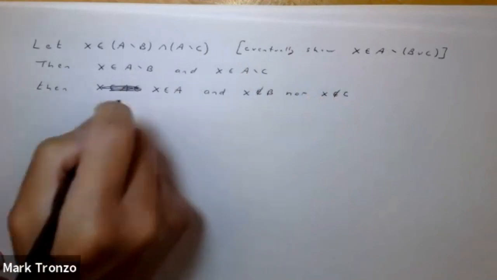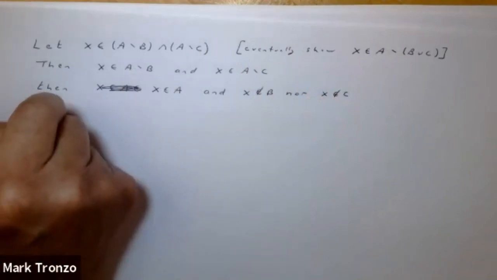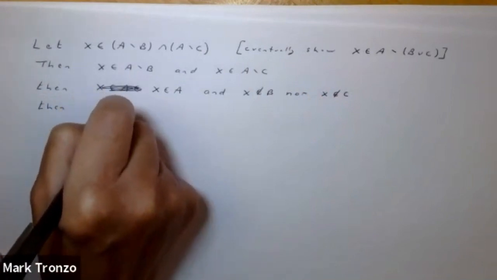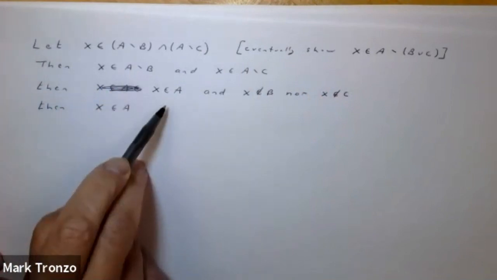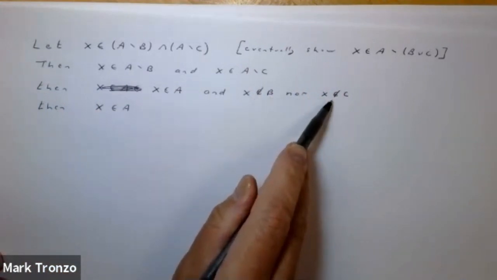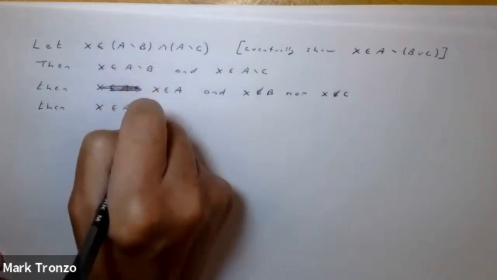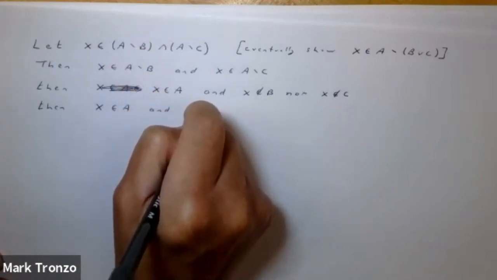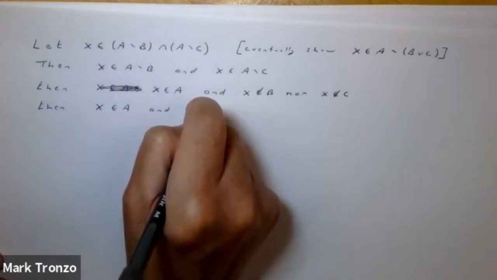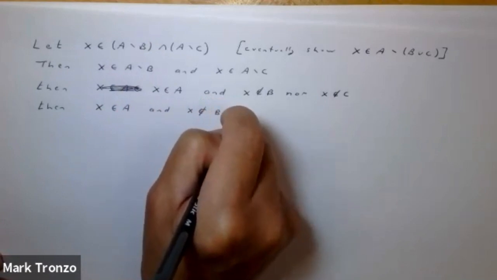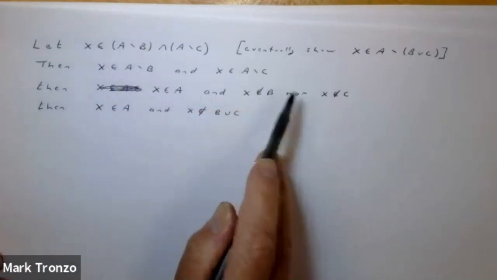So then this means x is in A, and since x is in neither B nor C, that means x is not in B union C, because it's not in either one of those.